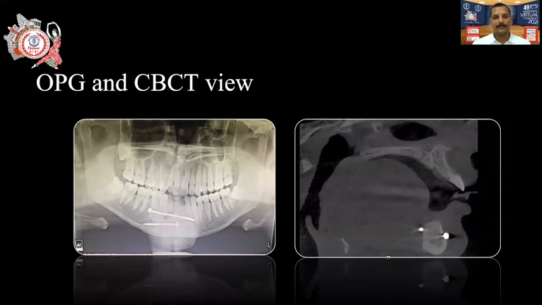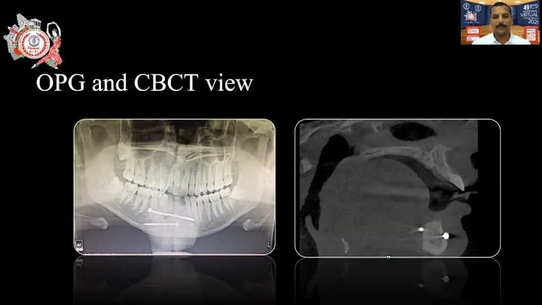Coming to the X-ray, we can see that 2 lag screws were used as fixation screws. These fixation screws were used to join the fractures. Then, to know the direction of the fixation screws, we went ahead with a CBCT.